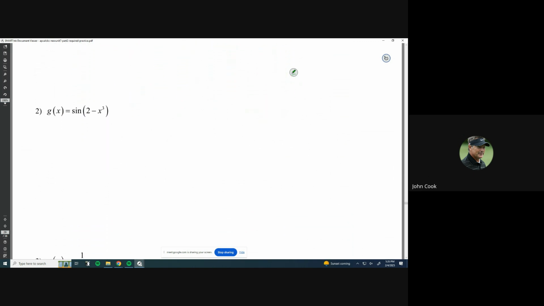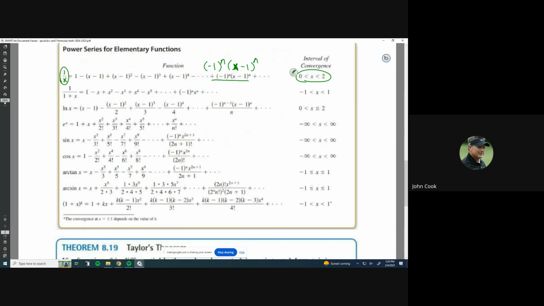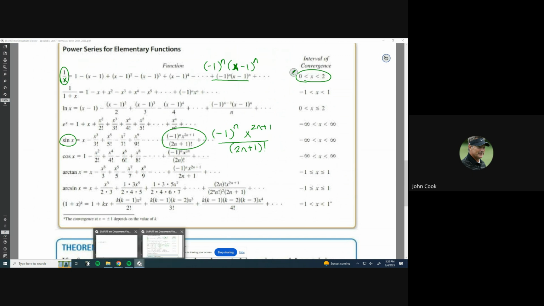So for example, sine is going to use this rule over here: negative 1 to the power of n, x to the power of 2n plus 1 over 2n plus 1 factorial. That is going to be the general term that we're going to use for this. So we just copy it over here.